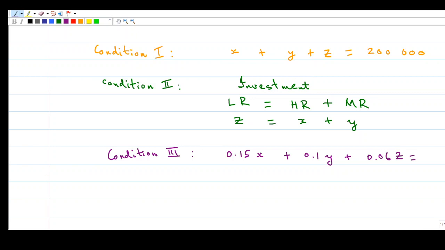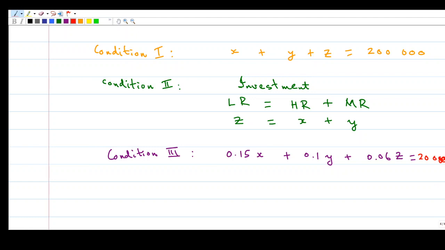And we want a return. The investment goal is to have a return of, sorry, $20,000 per year. That's coming from the part in red. So this must equal 20,000.